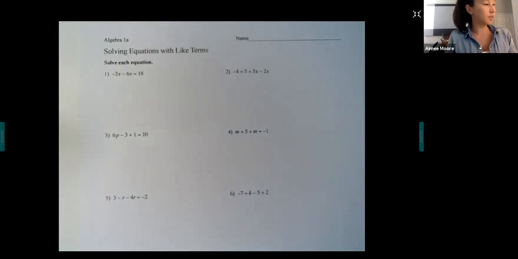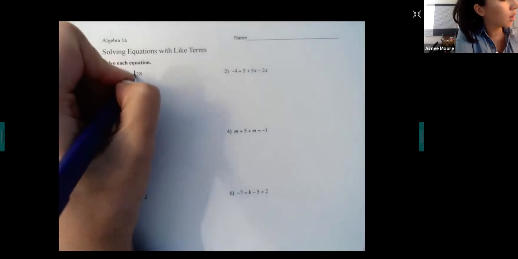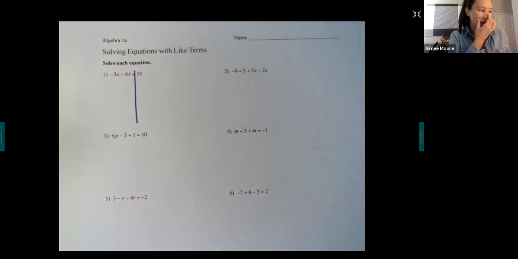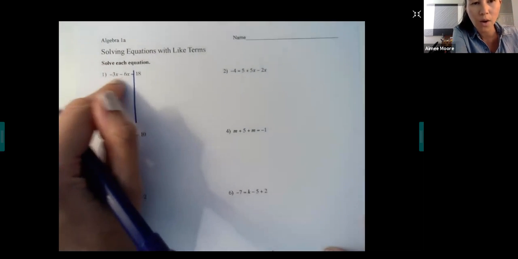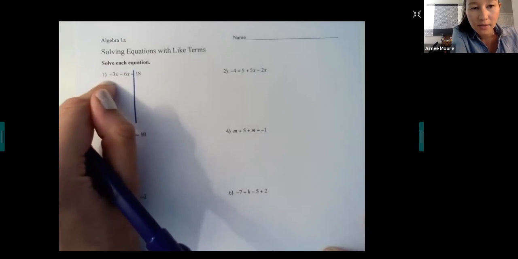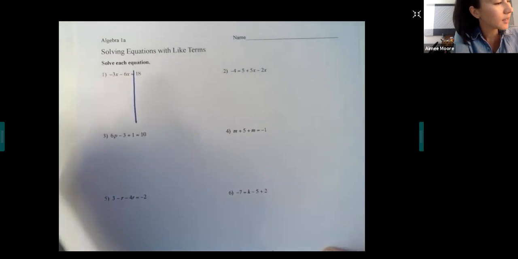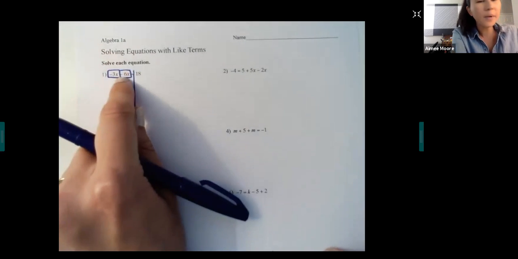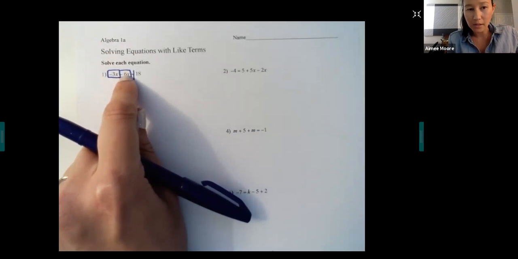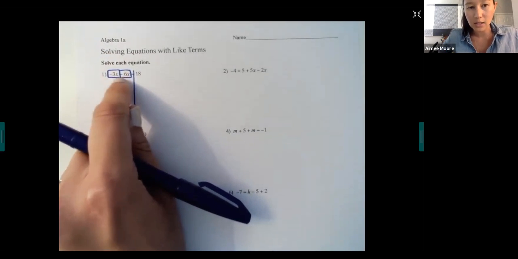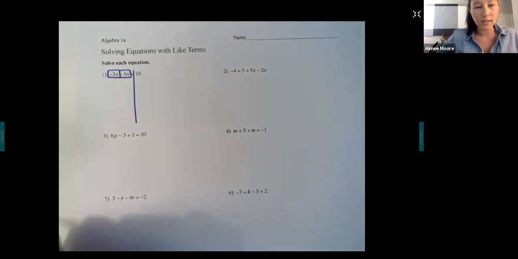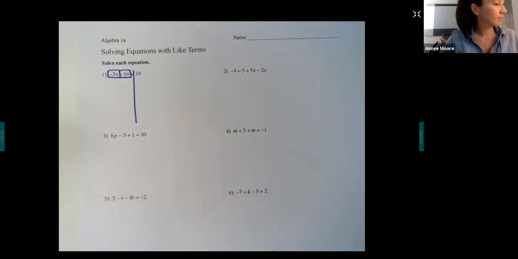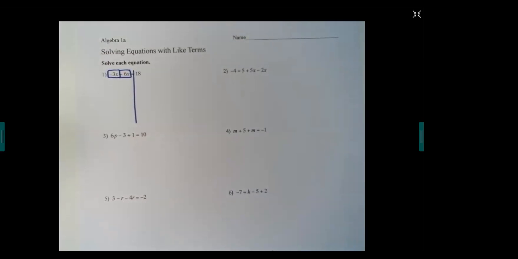Okay, so like terms. So step 1, we have to draw a wall. Then we identify like terms. So remember, they have to be on the same side of the wall. So in this case, we only have 2 terms and they both have x's. So those are like terms that we can combine. And always keep the sign with the number that it belongs to. So that negative belongs to the 6x. So we need to make sure to box in that negative with the 6x. Any questions so far? Nope. Okay.